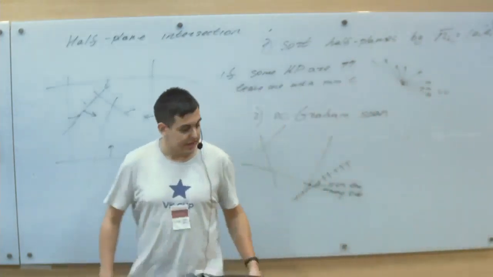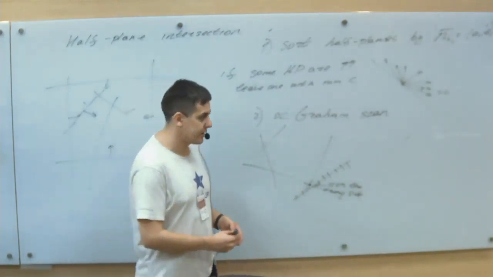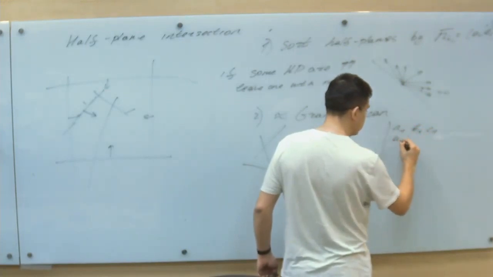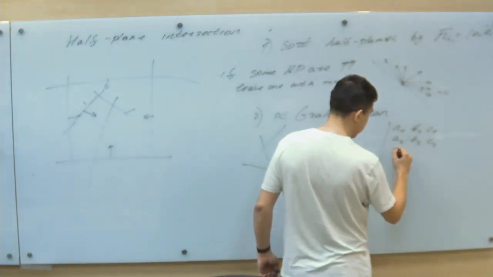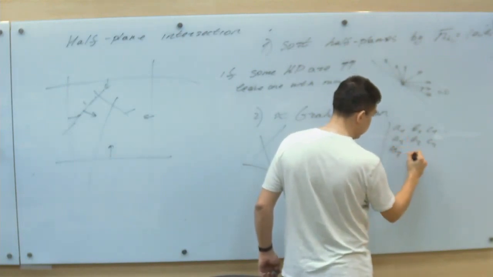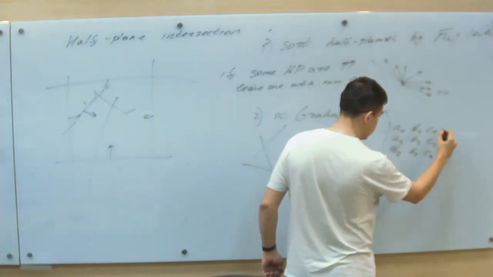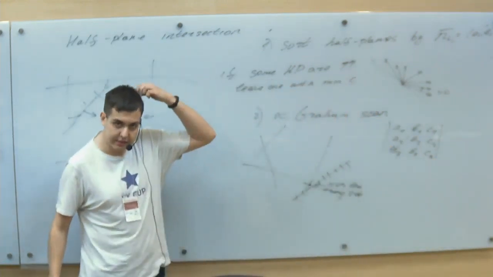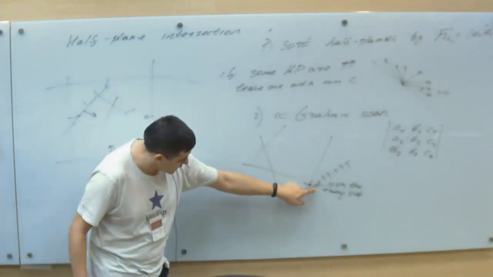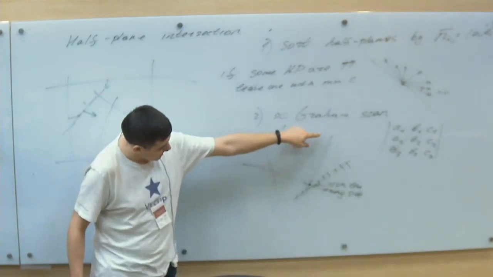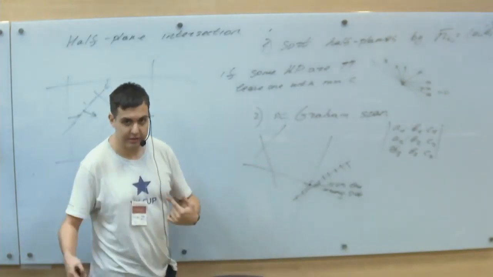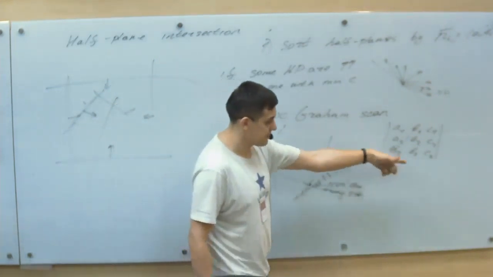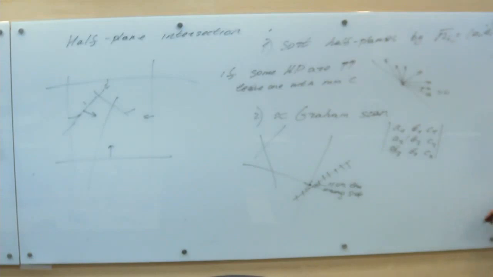Well, it turns out that it's the same as checking the sign of the determinant of A1, B1, C1, A2, B2, C2, A3, B3, C3. Checking the sign of this intersection point corresponding to the current half plane is the same as checking this determinant.